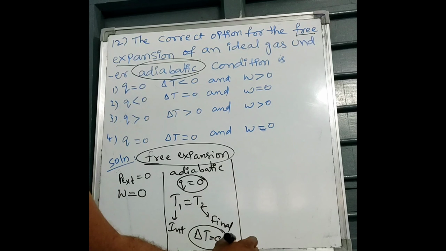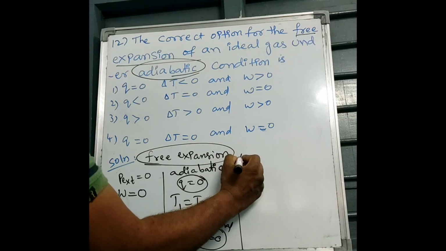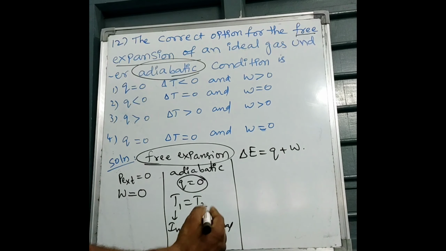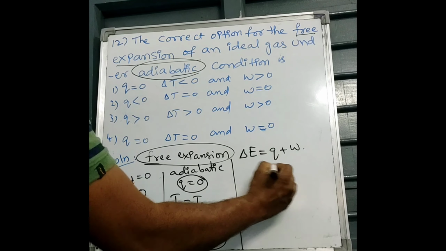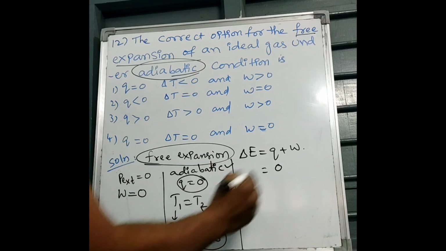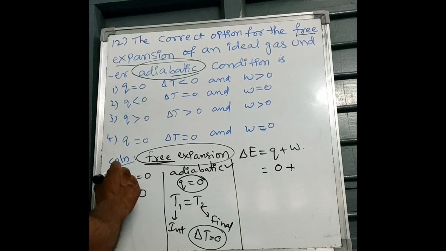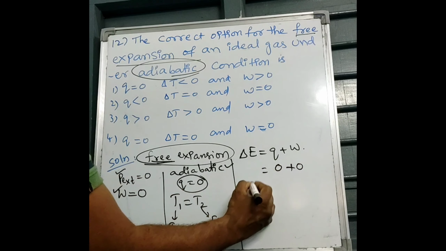In other words, we have the mathematical form of the first law of thermodynamics, students: delta E equals Q plus W. Here Q is 0 because it is adiabatic. W is also 0. Why? In free expansion, external pressure is 0 and work done is 0. Then delta E is 0.